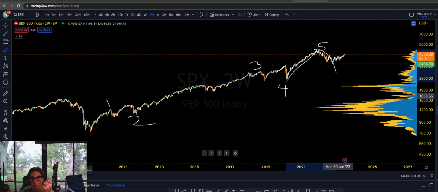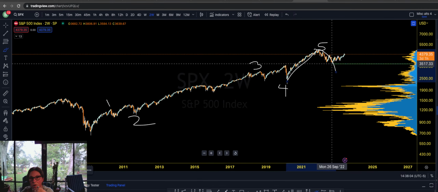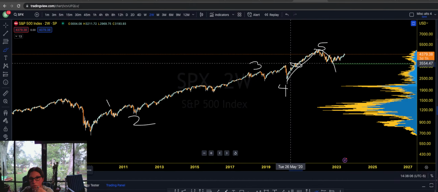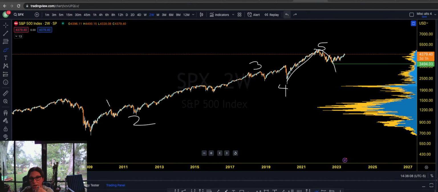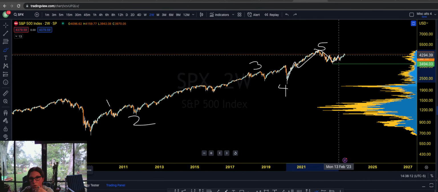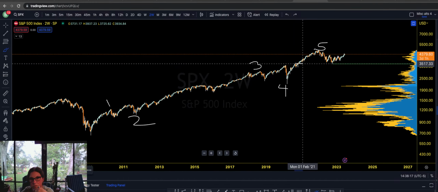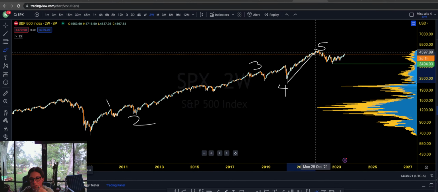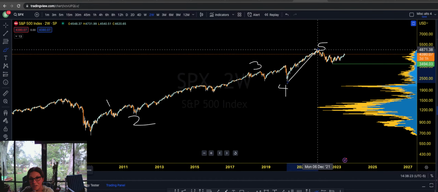Okay. Because this wave already came into its wave 1, we can't have 1, 2, 3, 4, and we're going up for 5, because it tapped the 1. So whatever this is, it's done.